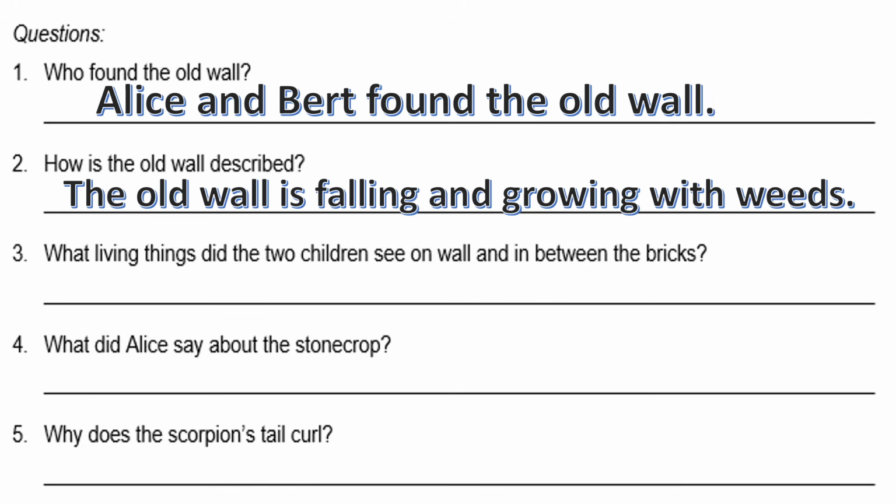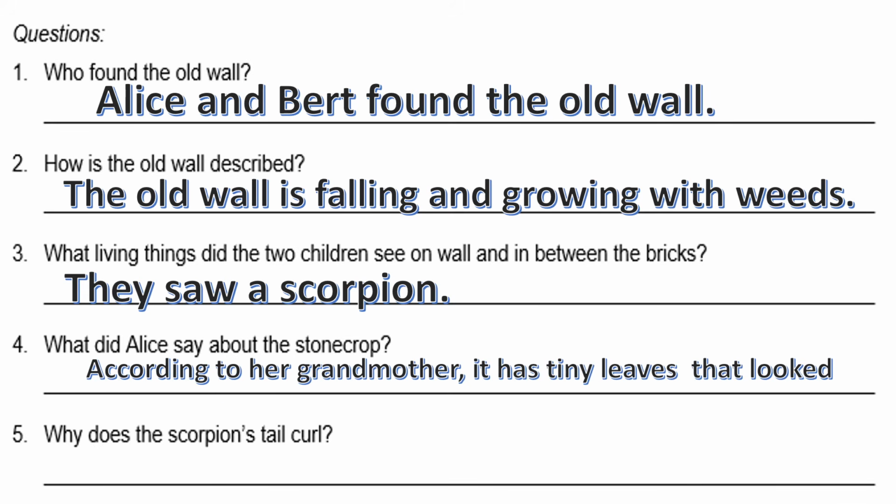Number 3, what living things did the two children see on the wall and in between the bricks? They saw a scorpion, and may I add, they also saw the plant, the stone crop. And number 4, what did Alice say about the stone crop?